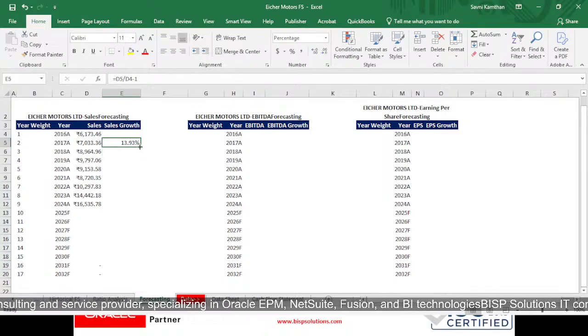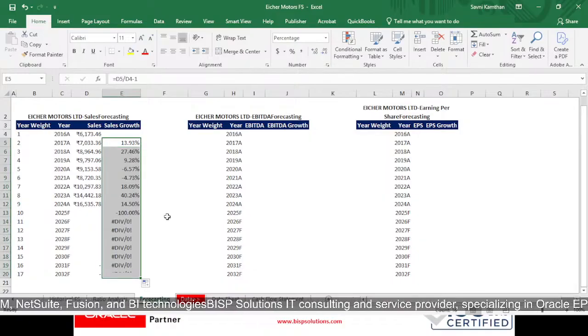So for calculating sales growth, I have to divide my current year by my previous year, and deduct 1, so that I will be receiving sales growth for the same.